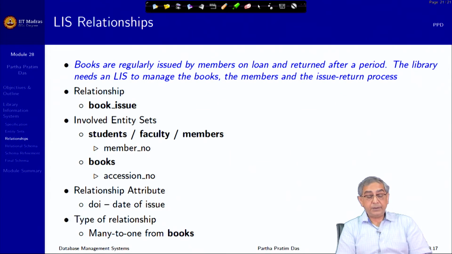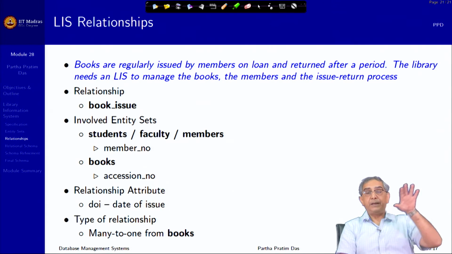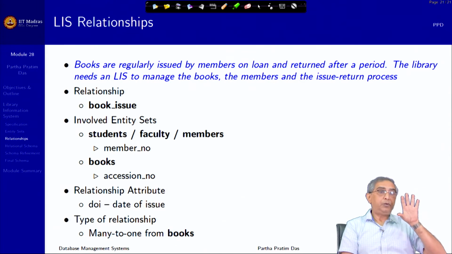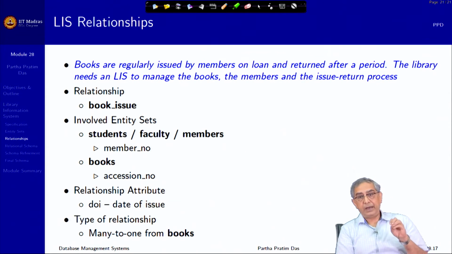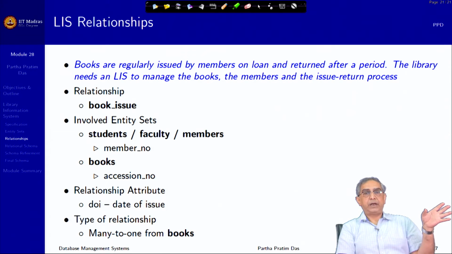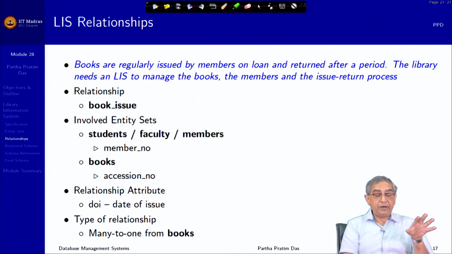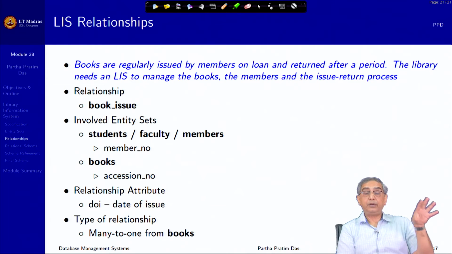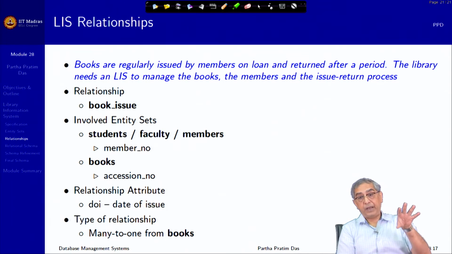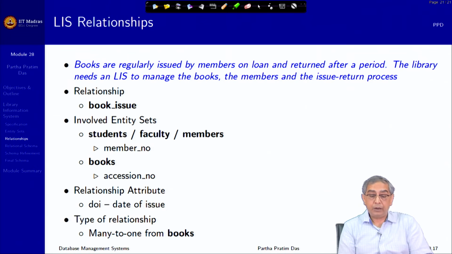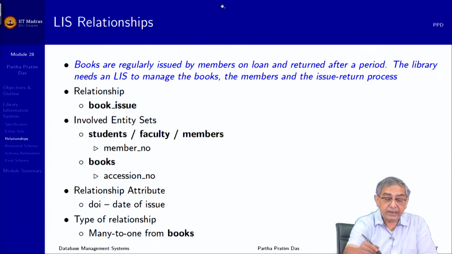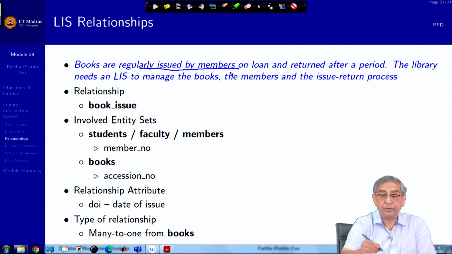Naturally, there could be several types of relationships you can think of, but you are looking at the library aspect. You can think of a relationship between author and title of the book, who has written what, right? Author and publisher. But those kinds of relationships we are not extracting or speculating. We focus on the fact that it says the books are regularly issued.